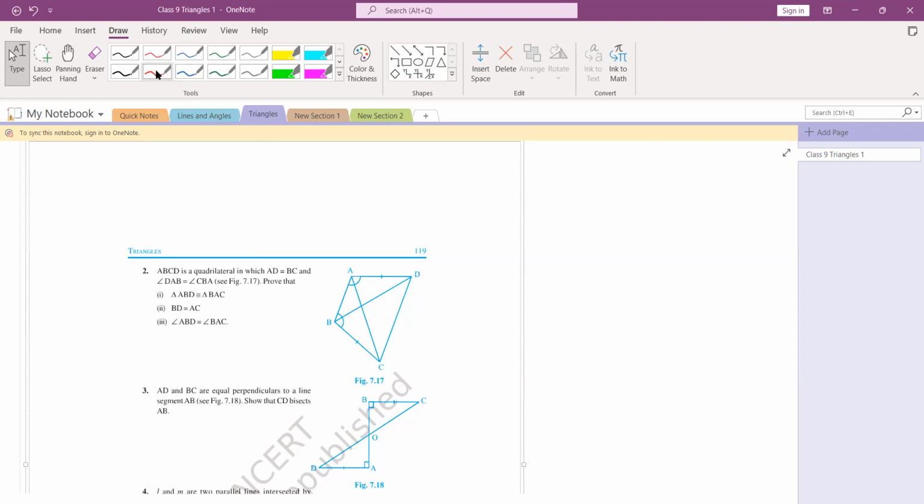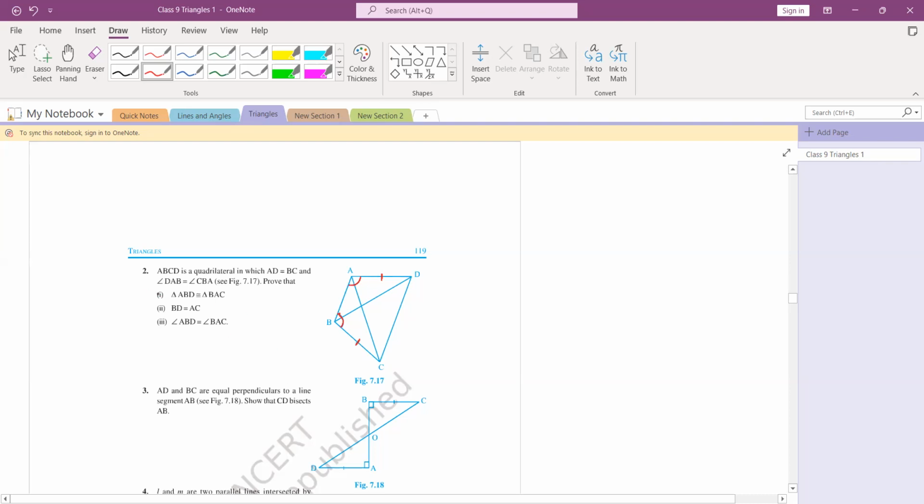It is saying that ABCD is a quadrilateral in which AD is equal to BC. He has already marked them, these two sides. And angle DAB, now which is angle DAB? This complete angle which he has marked, this angle DAB is equal to angle CBA, this complete angle CBA.